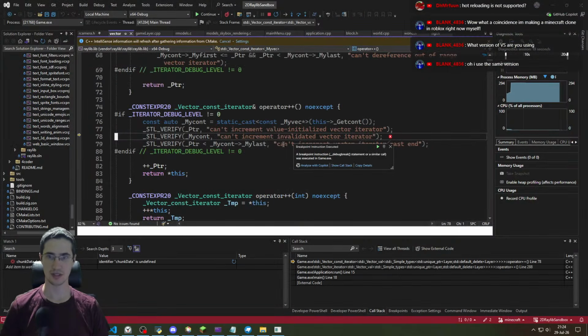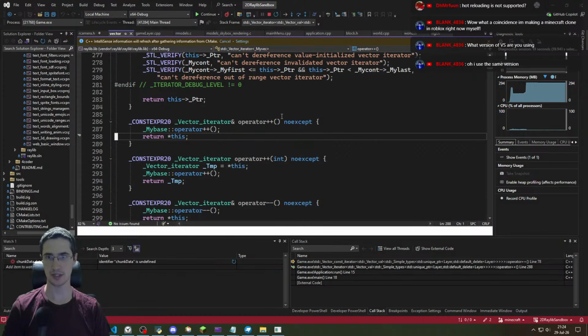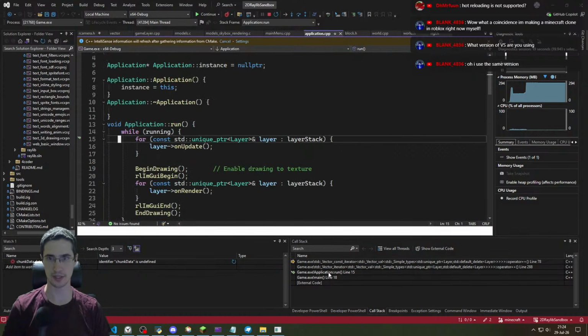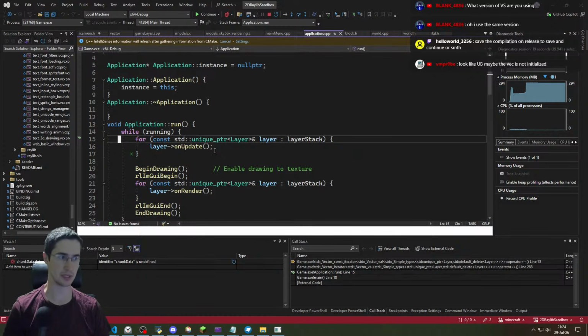Yeah, here the problem is that I add additional layers when we start the game. And here we are iterating through the layers, and probably while we're iterating, I'm trying to add them. Yeah, it's on update. While we're iterating through them, I'm changing them and it causes the crash.